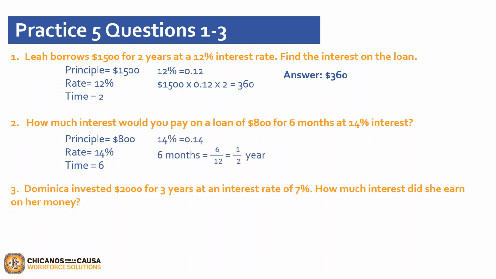Next, we need to write the time as a fraction of a year by writing the length of time in months over 12, the number of months in a year. So 6 months equals 6 over 12 equals a half year. Afterwards, we need to multiply $800 times 0.14 times a half, which gives us our answer of $56 of interest.